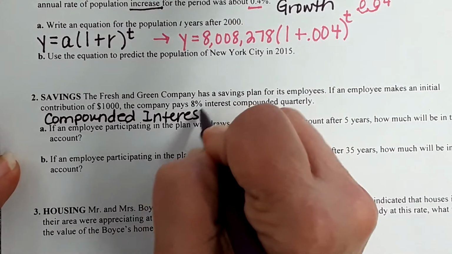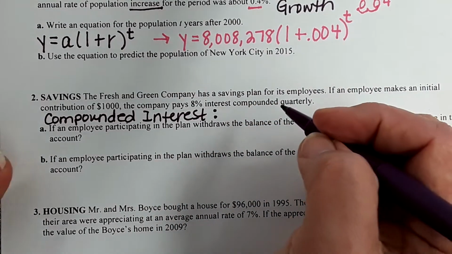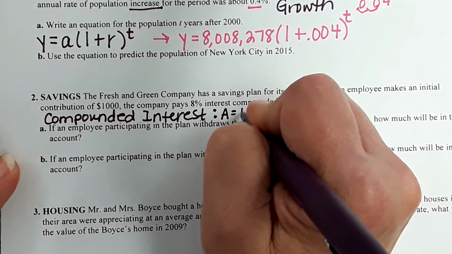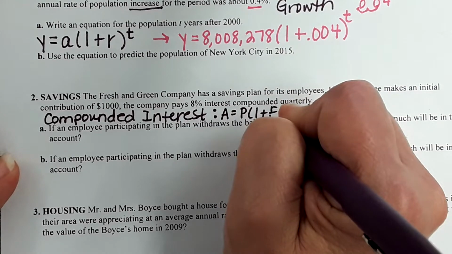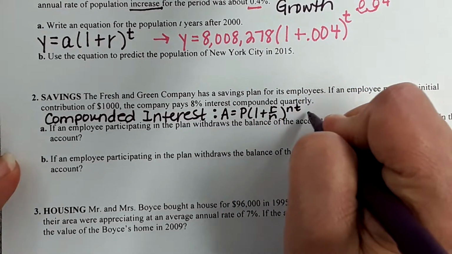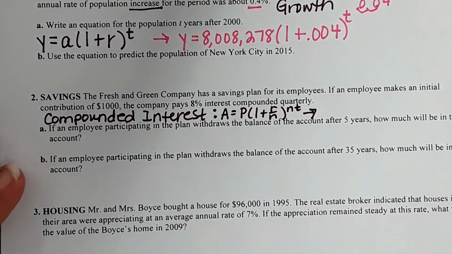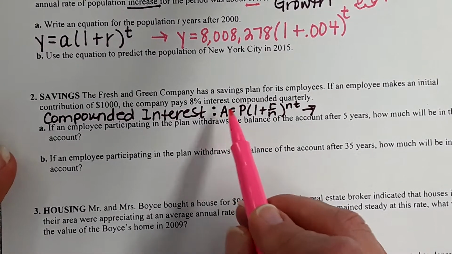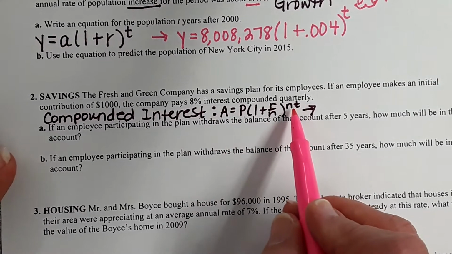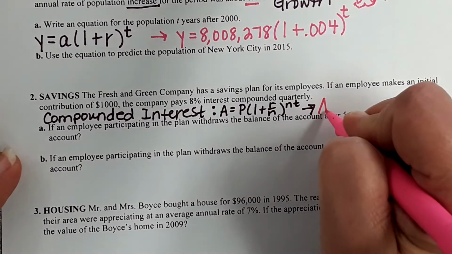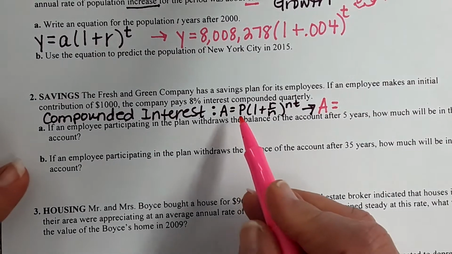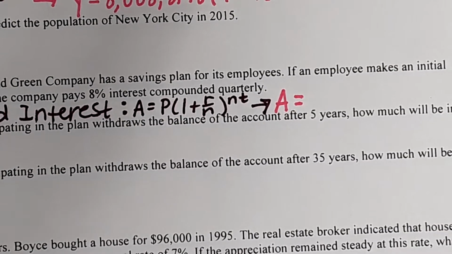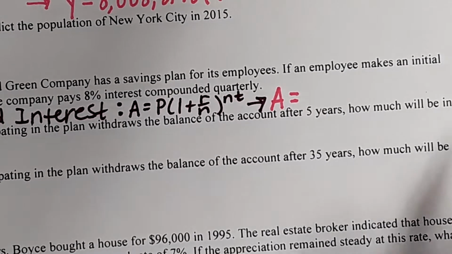Okay. Now, with the compound interest equation, the A is always going to stay, and the T is always going to stay. So A. P is your principal, or the amount that you're starting with. So how much money is an employee starting with? 1,000.